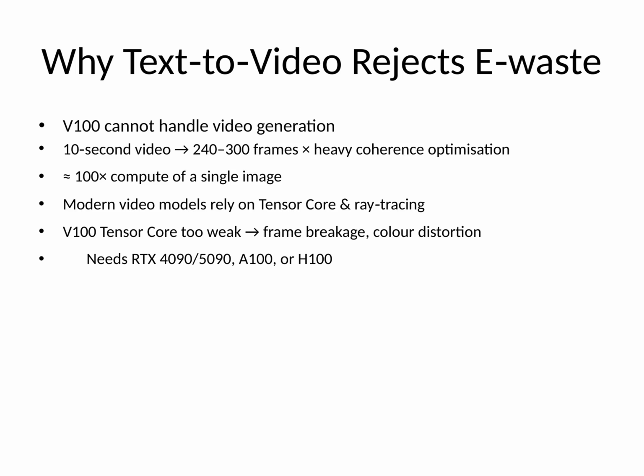Modern video models also rely heavily on advanced GPU features such as powerful tensor cores and hardware acceleration that older architectures lack. On cards like the V100, even if a model technically runs, you may see broken frames, unstable colors, or extremely slow rendering times.